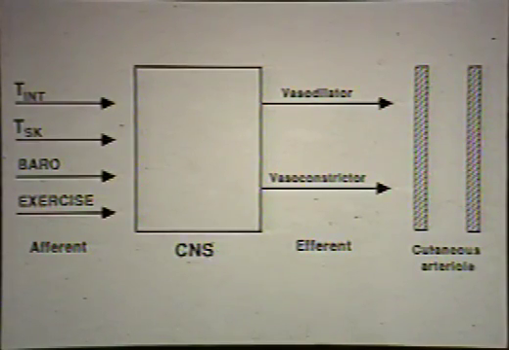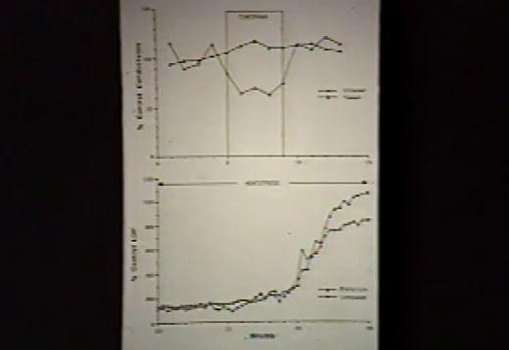We can also make a measurement of blood flow from a nearby area that hasn't been treated with the bretylium. So we have one area that has only vasodilator control intact, and at the same time another area that has both systems intact. And this is just an example of testing that method. Conductance here is cutaneous vascular conductance.